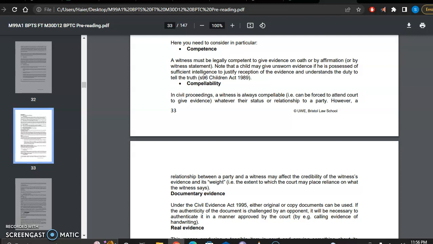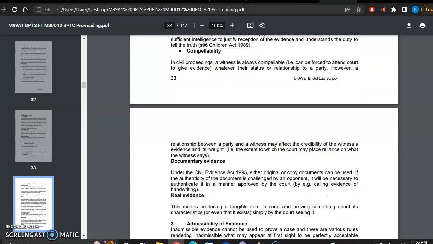Note that a child may give unsworn evidence if he possesses sufficient intelligence to justify the reception of the evidence. So, a witness must be competent, and for that he has to give evidence on oath. Compellability. In civil proceedings, a witness is always compellable whatever their status or relationship to the party. However, a relationship between a party and a witness may affect the credibility of the witness's evidence and its weight.